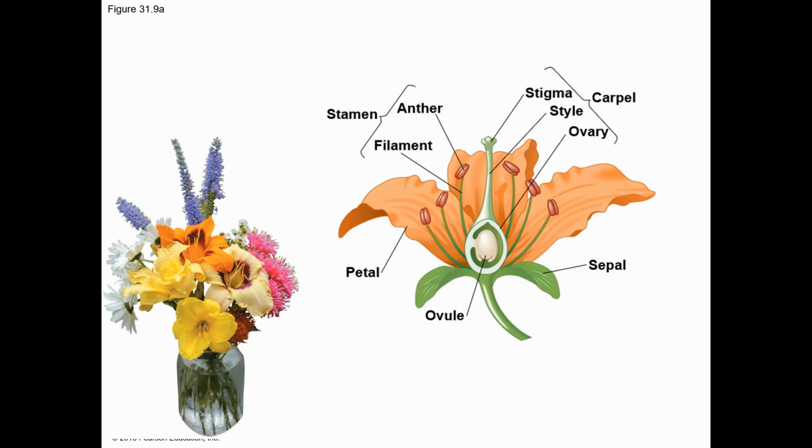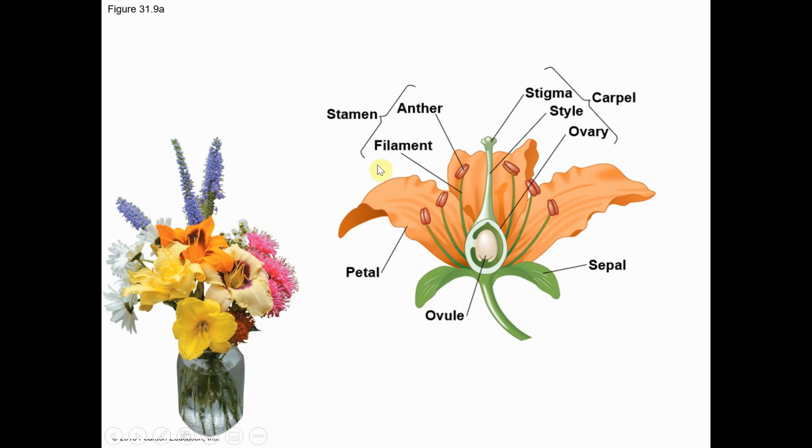And so here you can see that diagram. Hopefully you've become familiar with it already, but just in case you haven't, let's take a look here. Starting out at the bottom here, we have the sepals. They are those green leaves that are usually at the base of the flower to house and support the growing flower bud. Then you have the petals here, the brightly colored leaves that are going to attract pollinators.